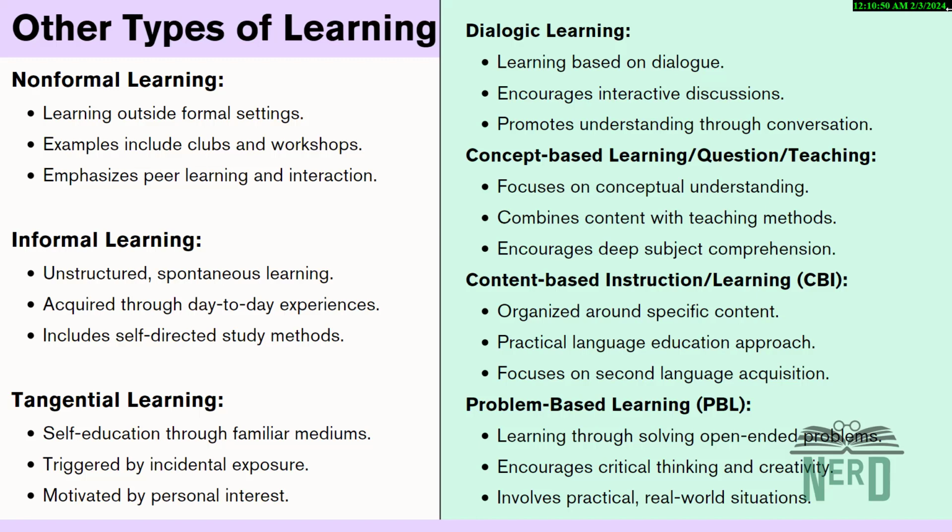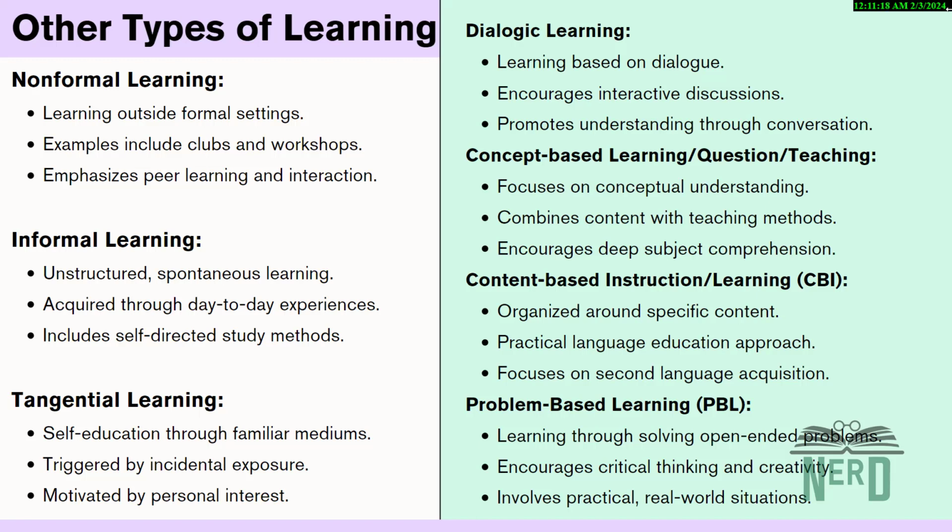Different contexts, like content based learning or content based instruction, in simple CBI, might involve learning a new language by studying a subject like history in that language, right? And problem based learning is like when students learn science by tackling a real world problem, like figuring out how to reduce waste in their school, right?